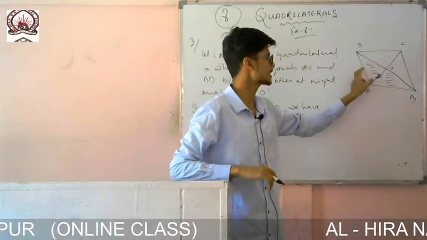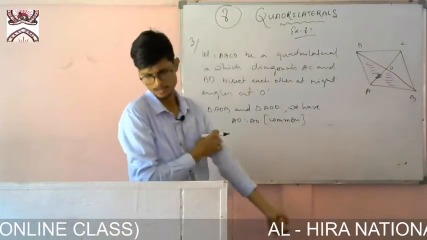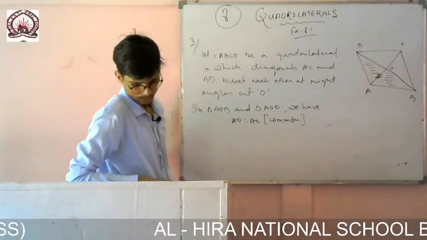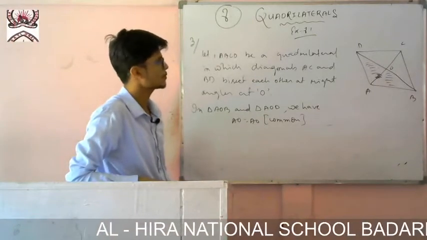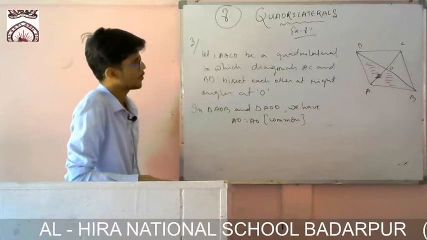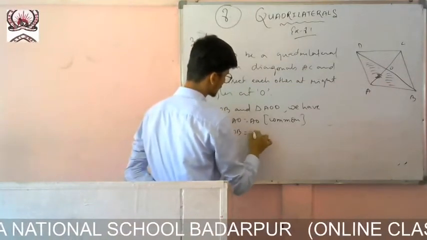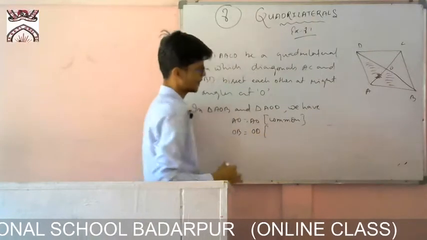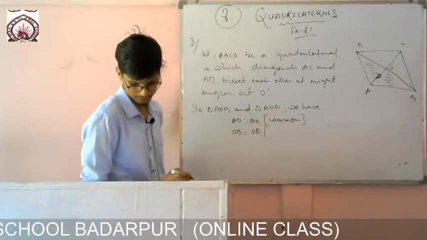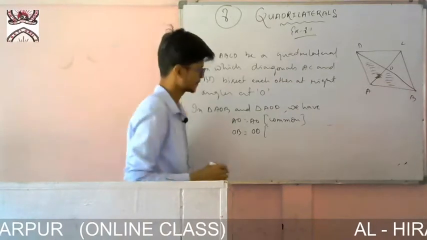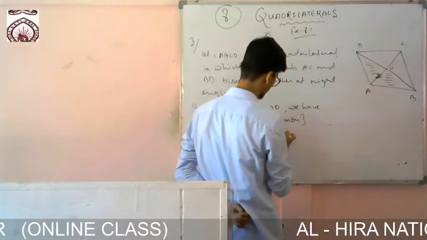If these two triangles are congruent, then these two sides will also be equal, corresponding parts of congruent triangles. So AO is equal to AO because it is the common side, and OB will be equal to OD because they bisect each other.